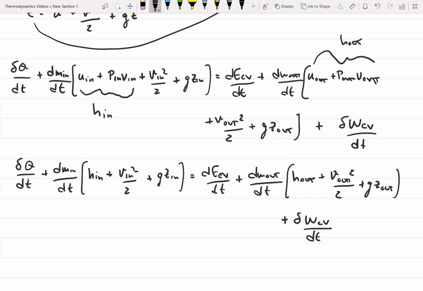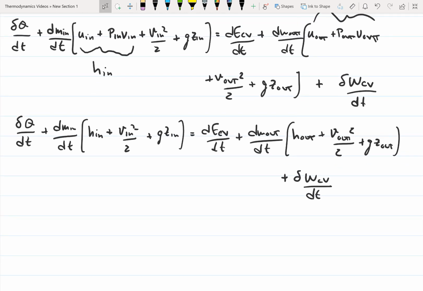So basically when we have a flowing fluid, or basically an open system, we end up with this U plus PV term in our equation, and so we can just use the enthalpy, and the enthalpy is going to account for both the internal energy and our PV or pressure boundary work.